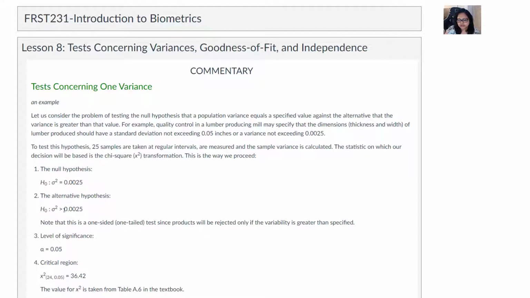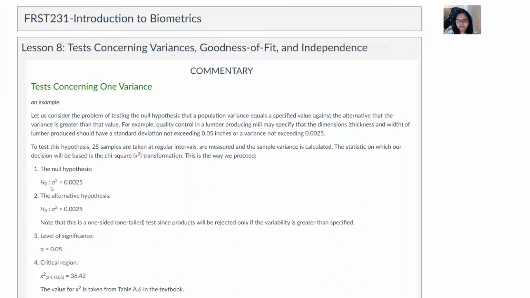I would like to walk you through how we can create some hypotheses so that we can test whether the variability in a single population is some value that we assumed or came to know through some study.